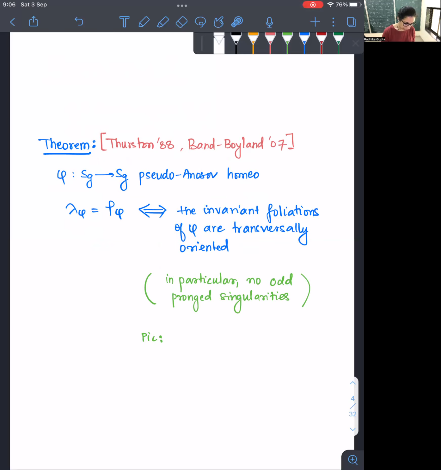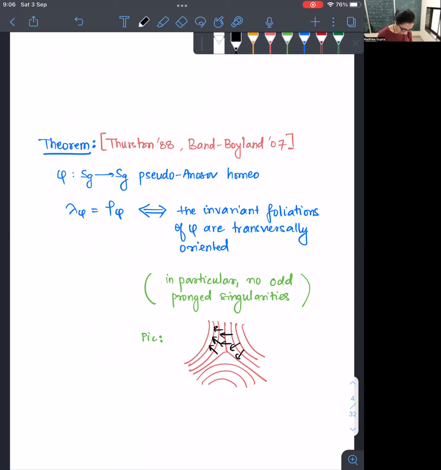So in particular, what that means is there is no odd prong singularity. So let me draw a picture to explain what it means to not be transversely orientable. So let's say this is a foliation, and a transverse orientation on this would be something like this.